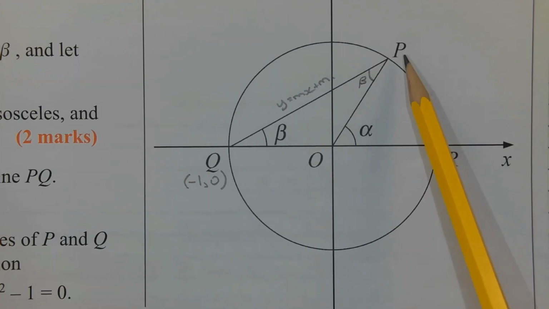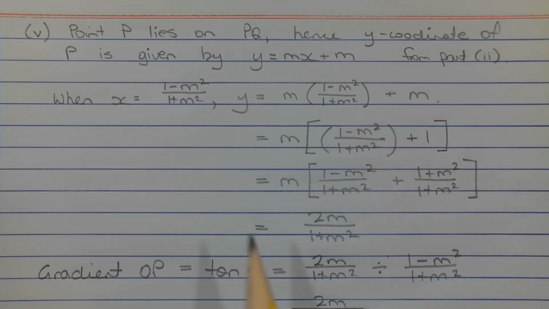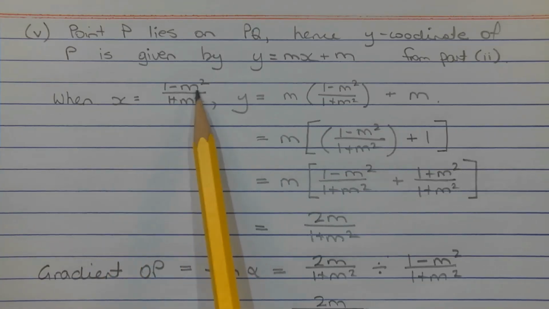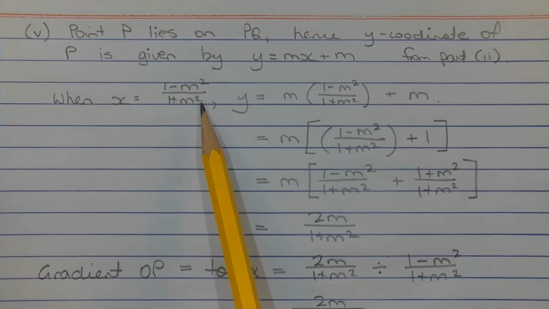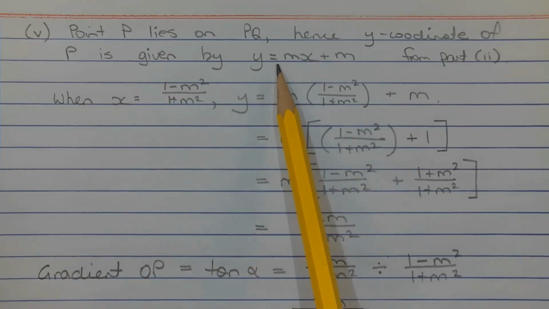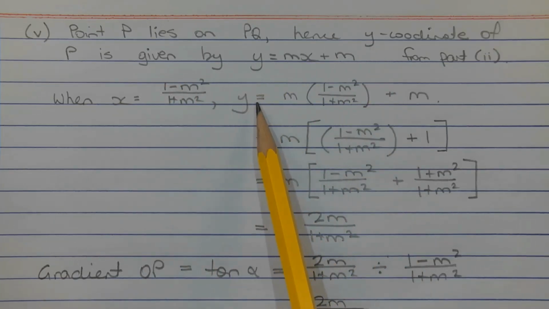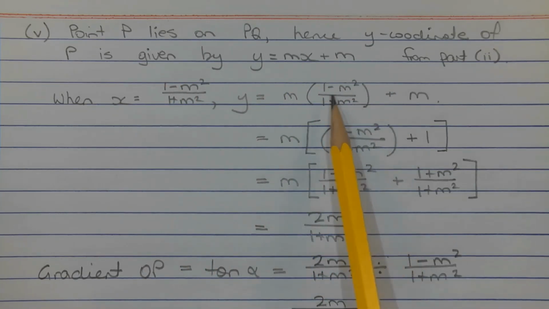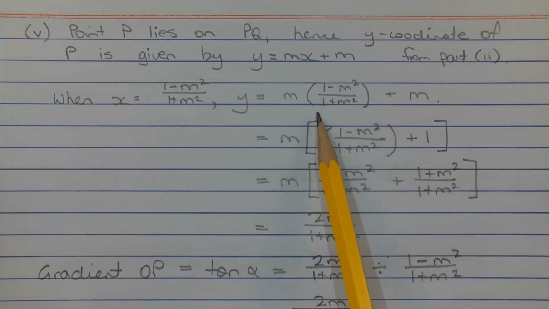And we found the x-coordinate of point P, which was 1 minus m squared over 1 plus m squared. So when x is equal to 1 minus m squared over 1 plus m squared, substituting this value of x into this equation here, we get y is equal to m times (1 minus m squared over 1 plus m squared) plus m.